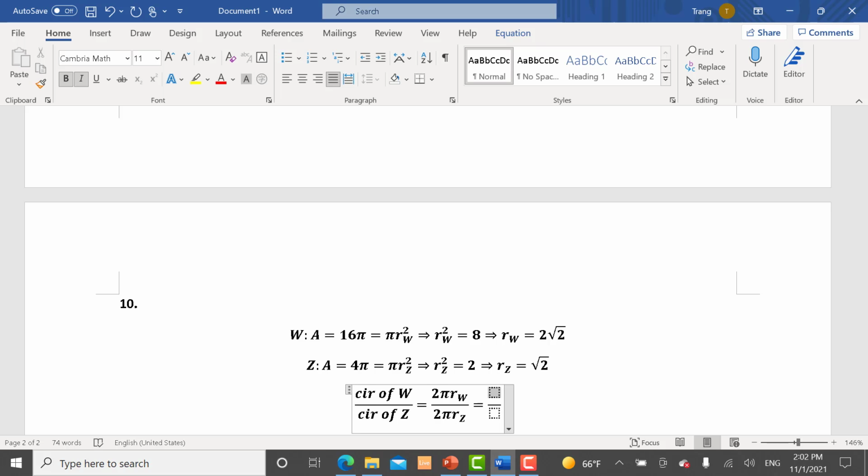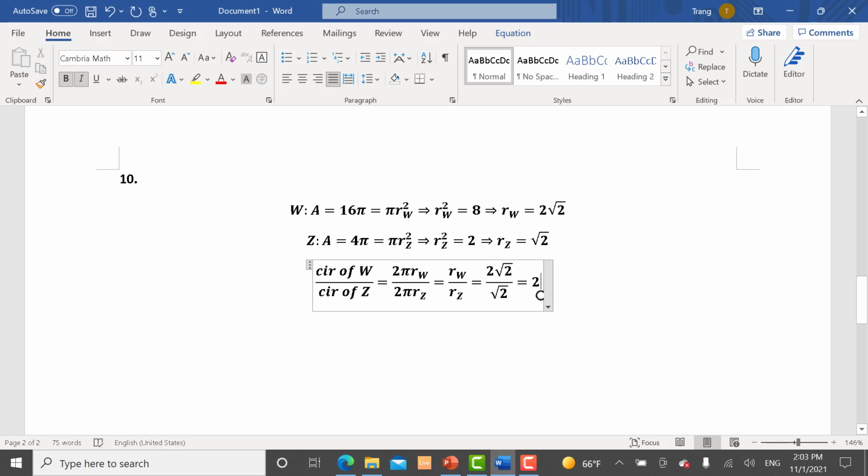It should be the ratio of the radius. It should be exactly the ratio of the radius. And this is 2 square root of 2 over square root of 2. And this should be equal to 2. See that? So the ratio should be 2 to 1.